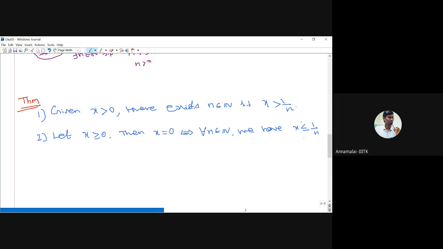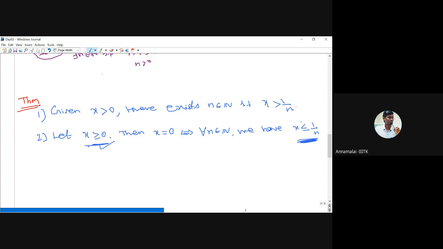If we prove x less than or equal to 1 by n for all n, then x should be 0. If x equal to 0, then x is less than or equal to 1 by n for all n. So this is important here, provided x is a non-negative real number. It becomes 0 if that number is less than or equal to 1 by n for all n.